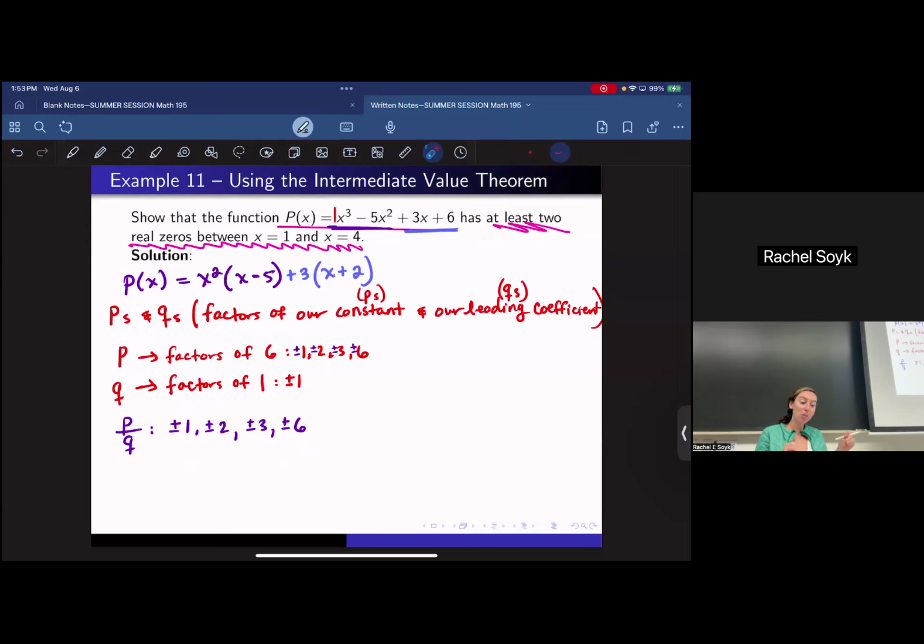But for this purpose, since you haven't learned this quite yet, and we will be going into detail with this in our next lessons, I'm just going to tell you that one factor is 2. So x equals 2 is a factor of our P of x.